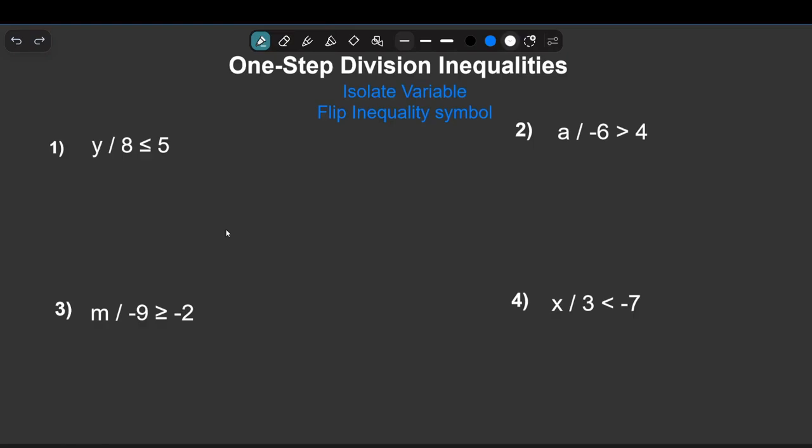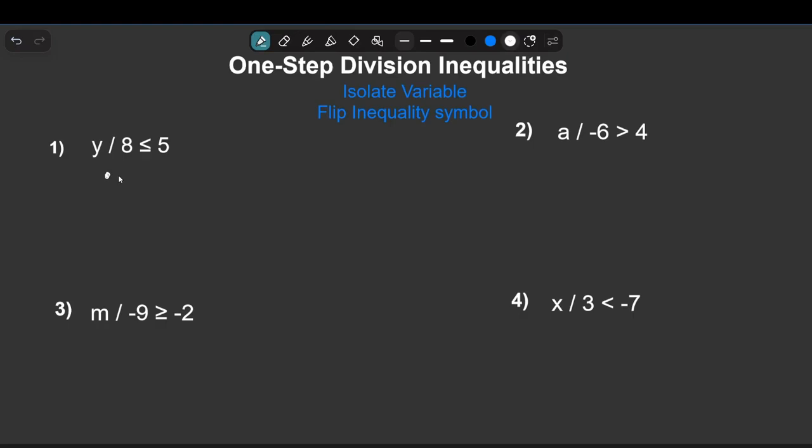Let's jump into number one, where we have y divided by 8 is less than or equal to 5. The first thing we need to do is isolate the variable. To isolate the variable, we use the inverse or opposite operation of the one we were given. We were given division, so we are going to multiply both sides by 8. Let's use the little dot for multiplication.